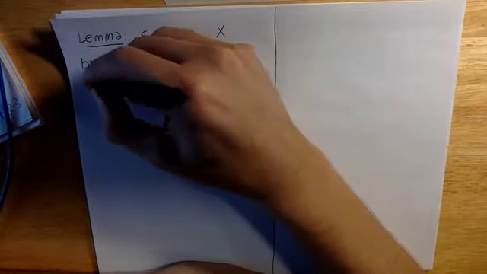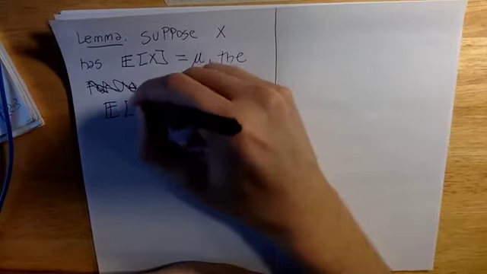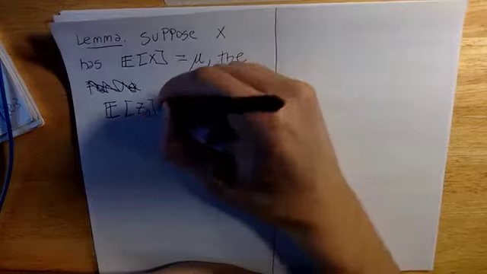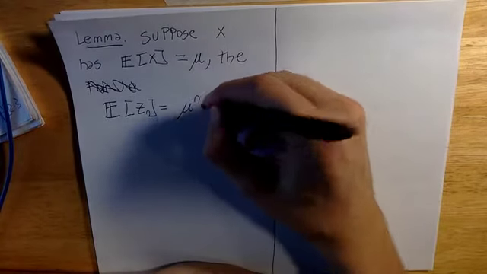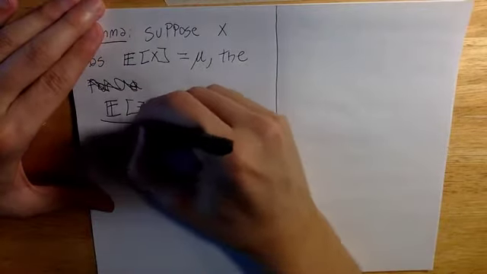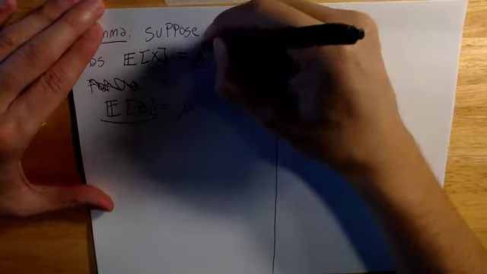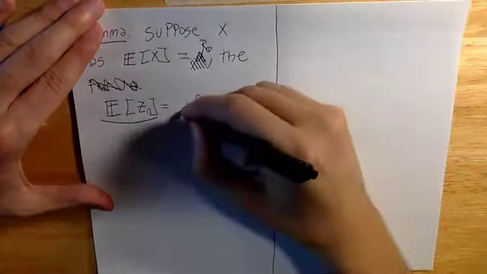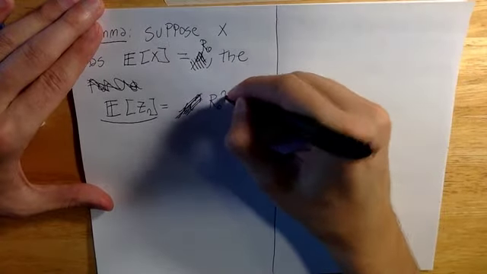Then the expectation of Zn is going to be equal to mu to the n. Okay? So let's call it R0, so that it ties up with what I was saying before. So this is R0, and this is R0 to the n.